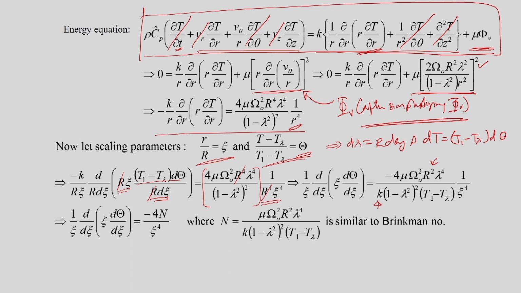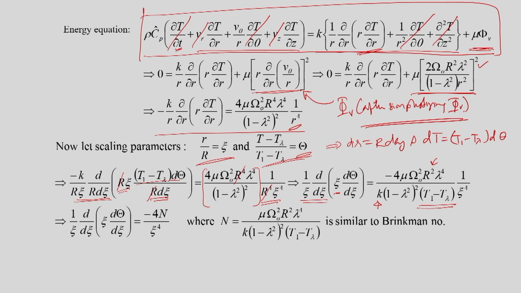The terms remaining on the left hand side are 1 by ξ d by dξ, with ξ inside as it is, and then you take (T1 minus T_λ) to the right hand side, so it comes out as (T1 minus T_λ) divided by this one.